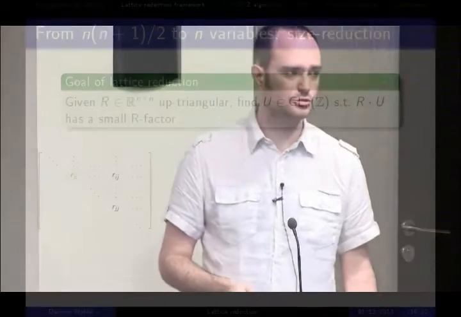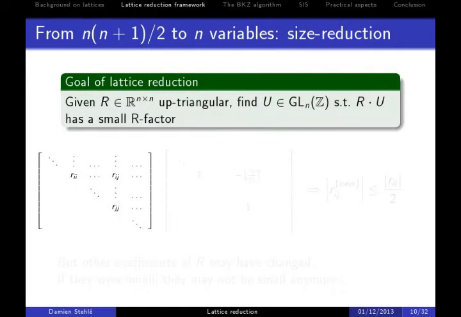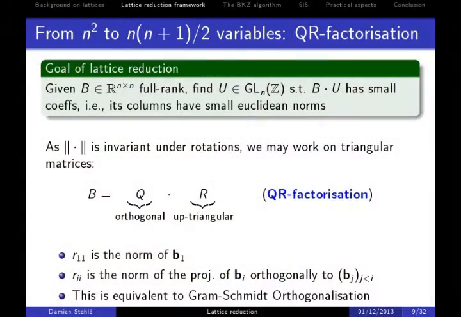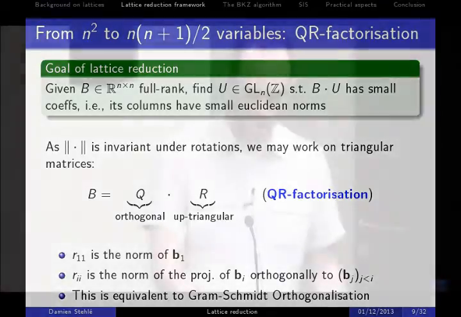Okay, so now I've got essentially n squared over 2 variables. So I'm going to go from n squared over 2 to n variables with what is called size reduction. Our goal now: we have R upper triangular. And something that I didn't say is that when you do QR factorization, computing Q and R is polynomial time, so you can do it efficiently.